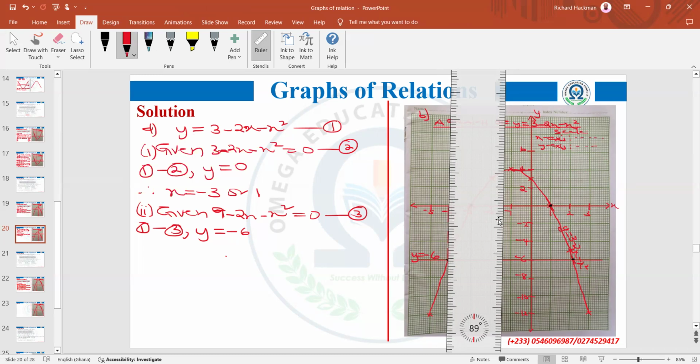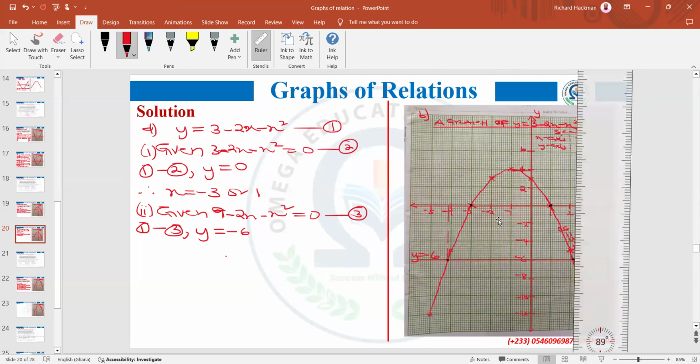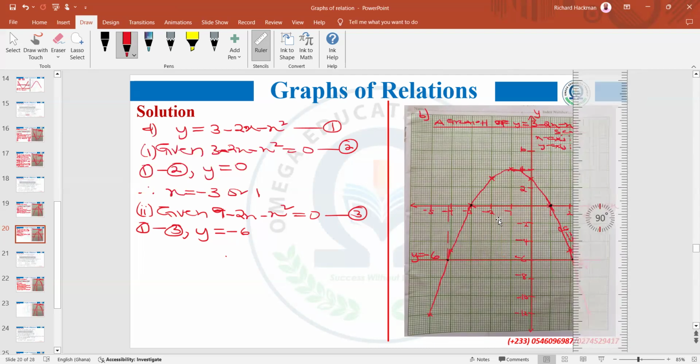I've done my first tracing. The second tracing should be here. So I will trace here as well. Now I've done my second tracing, so I will come and draw my conclusion.